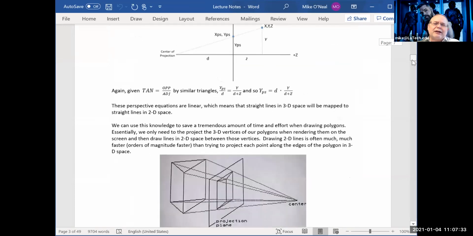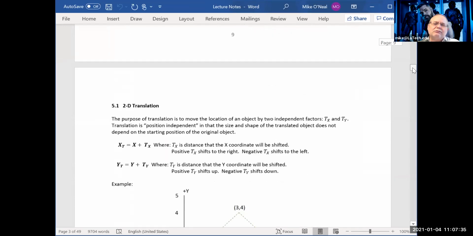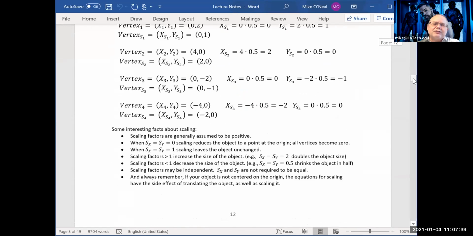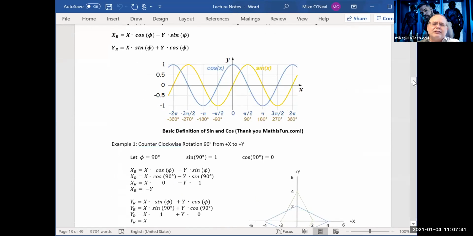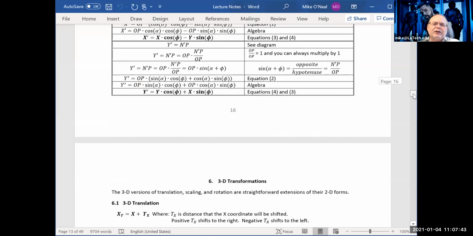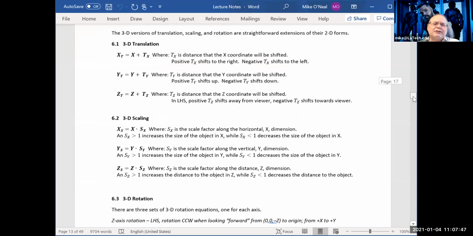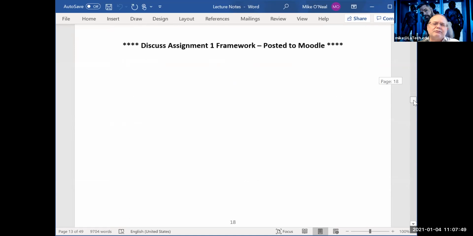So I've gone back and tried to rewrite everything so that everything is consistent, and I think that it makes it easier to learn.